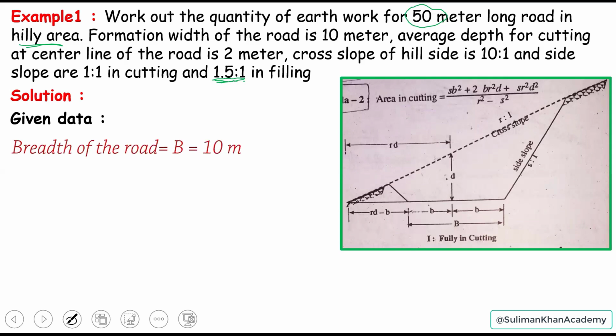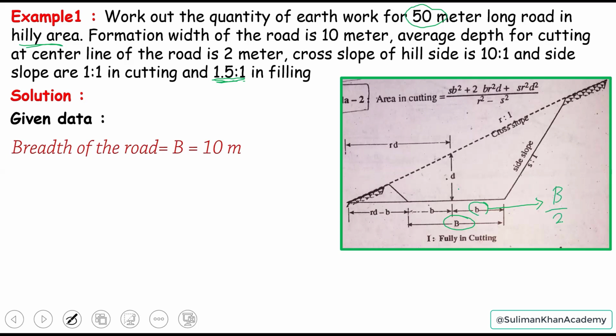This breadth is the capital B in the same diagram, and what we need is the small breadth, up to the middle portion, which is taken at mid section. So this is going to be just B by 2.